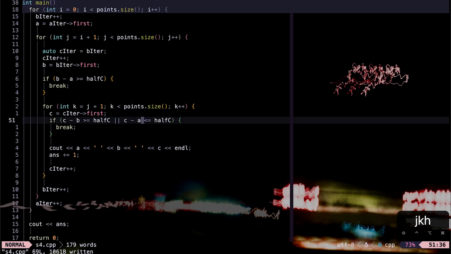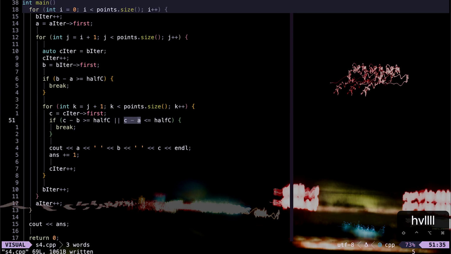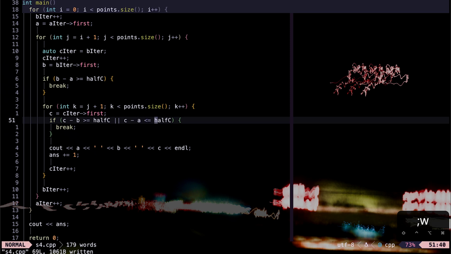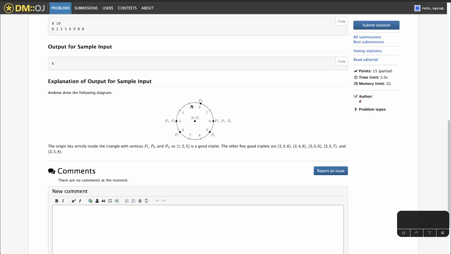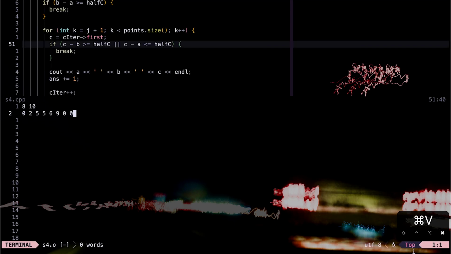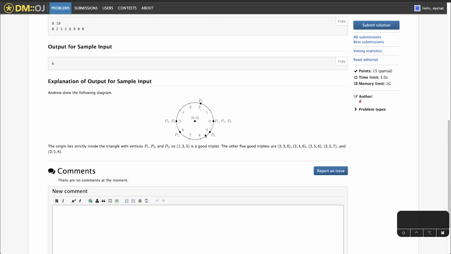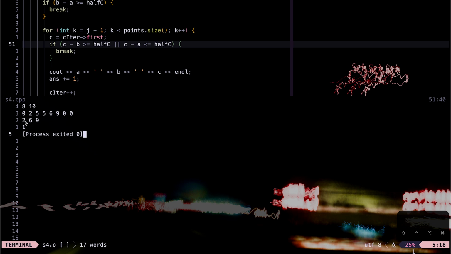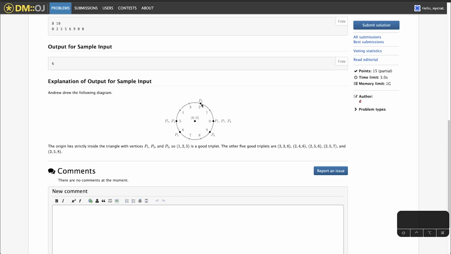So if the difference between A and C is less or equal to half the circumference, like this, that doesn't count. So we break. We only get one result. Let's see. 2, 6, 9. 2, 6, and 9, which this works.